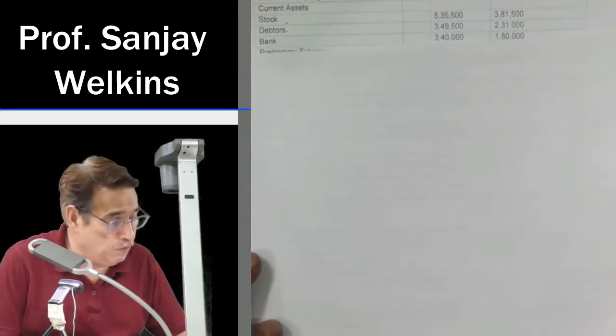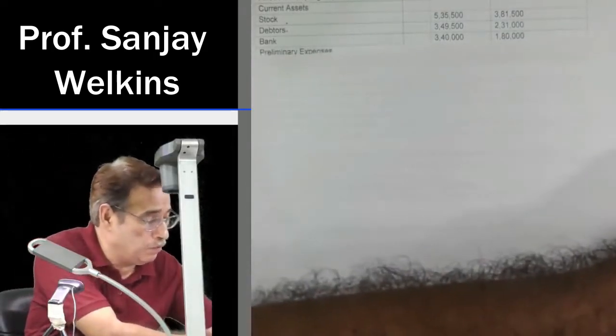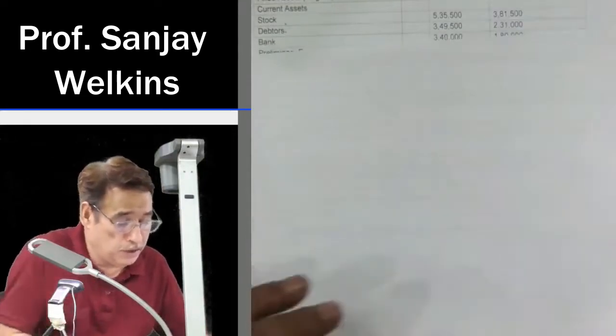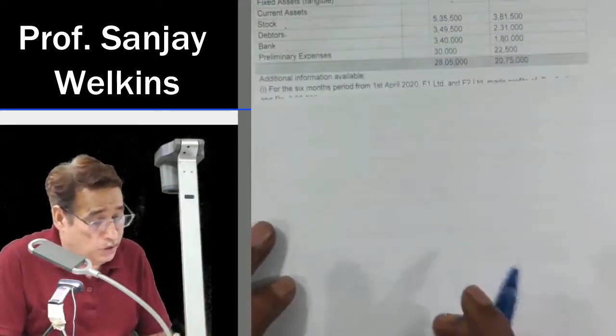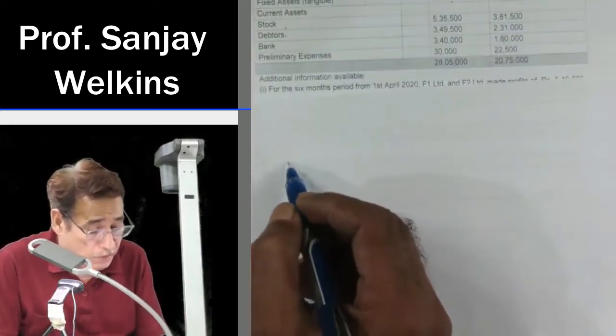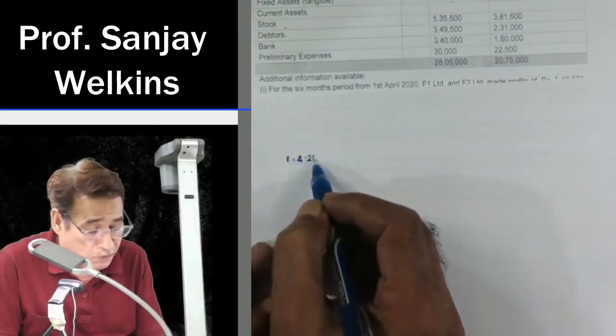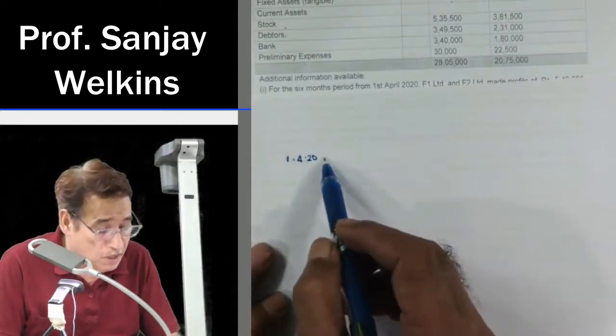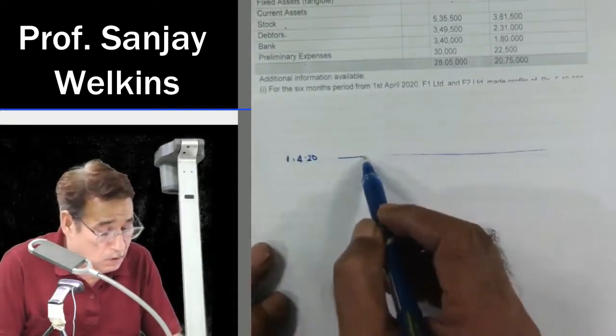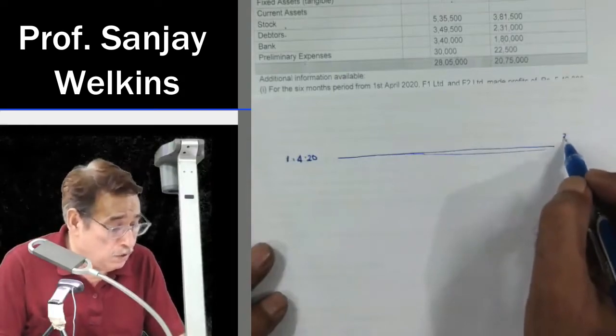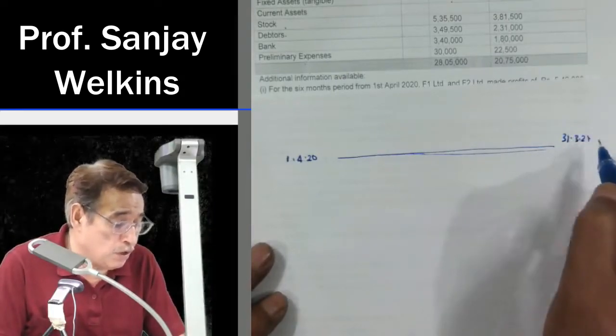First of all, what is given to us, just let me fix up the rough sheets over there. Now in this question, so far what is given to us is that the accounting year, as I told you, is commencing from 1/4/2020 and it is ending on 31st of 3/2021. Correct?